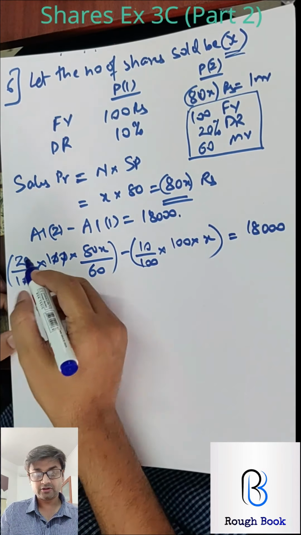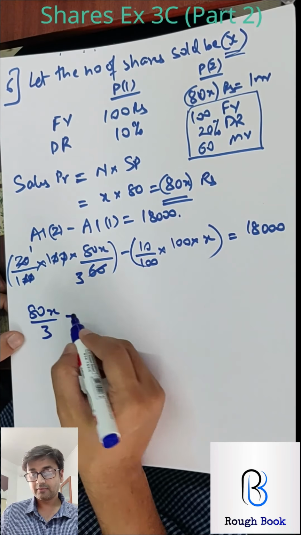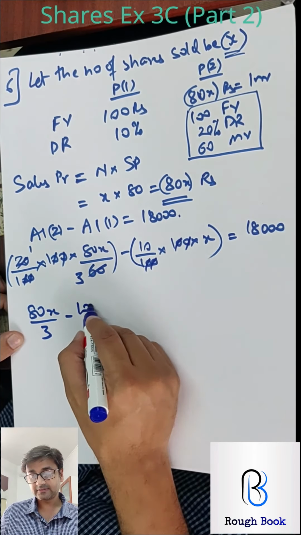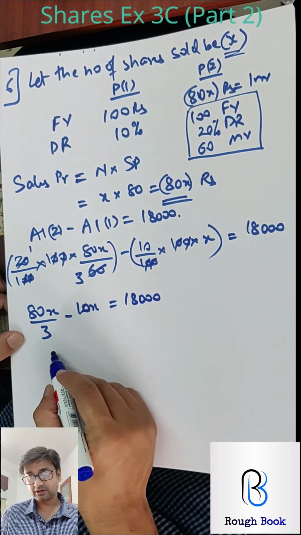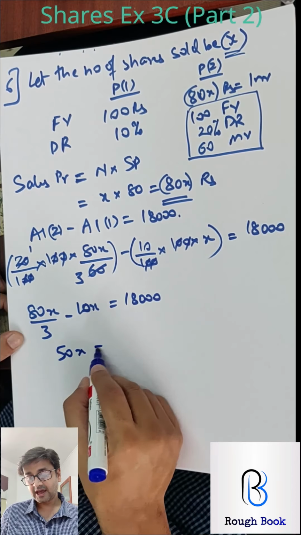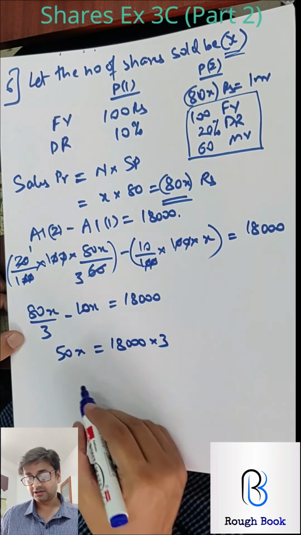Pause the video. So I should get 80x by 3 minus 10x is equal to 18,000. So 80 minus 30 will give me 50x, and 3 goes on the other side. So I have taken the LCM and sent 3 to the other side.